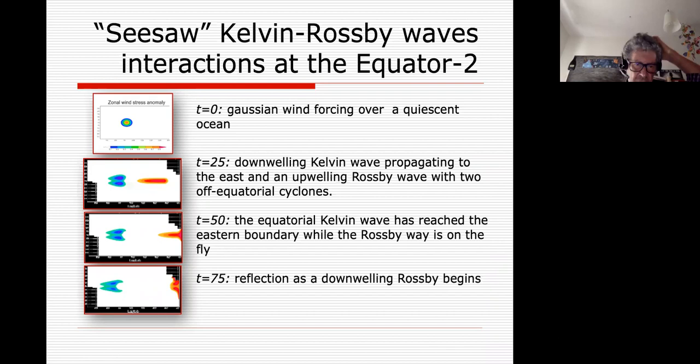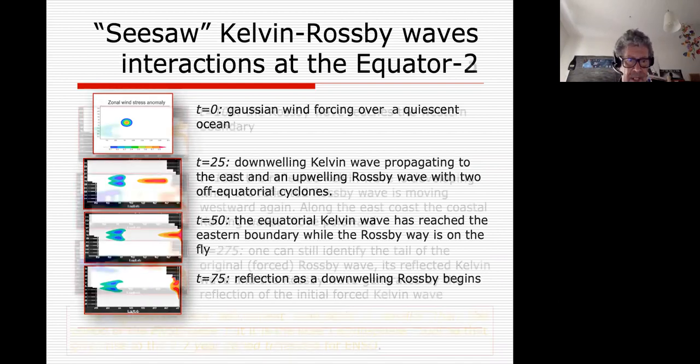As you saw, the topography of the basin is respected here in a very crude way, but it is respected. We have a sort of South American coast, and here the Australian coast. This is important to shape the response geometrically.